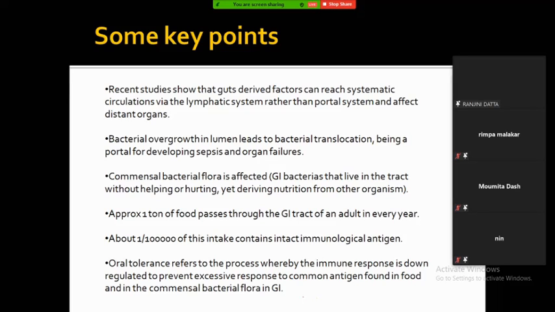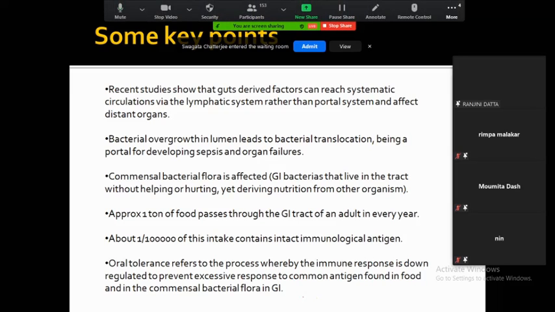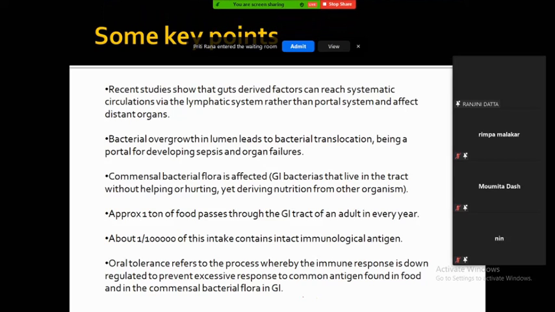Basically, oral tolerance is noted by the immune response to the antigens, and of the amount of food that an adult takes in throughout a year, 1 out of 1 lakh actually is the intact antigen that the body takes in through food.